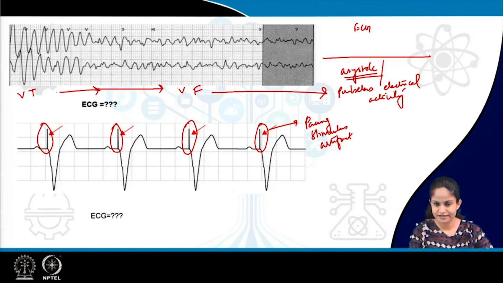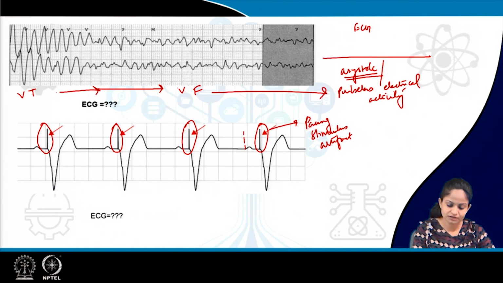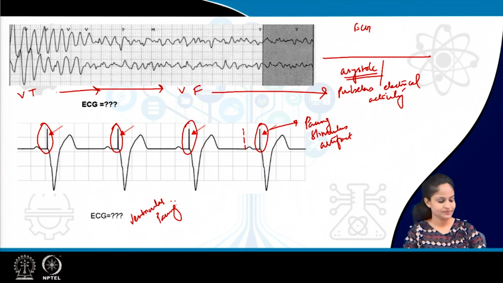Now, where this pacemaker is placed, if this artifact is occurring before the QRS complex, which means ventricular pacing has been done. If this artifact would have been before the P wave, that means atrial pacing would have been done. So, in this case, this is the ventricular pacing which is done.